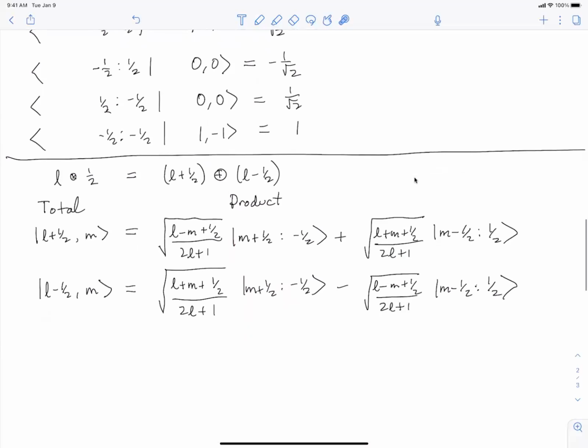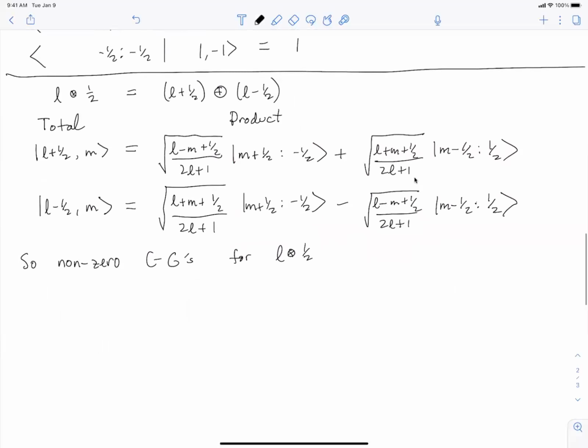And now from these equations, you can read off the non-zero Clebsch-Gordon coefficients. This is for L times 1/2. And so you're just reading off those coefficients.